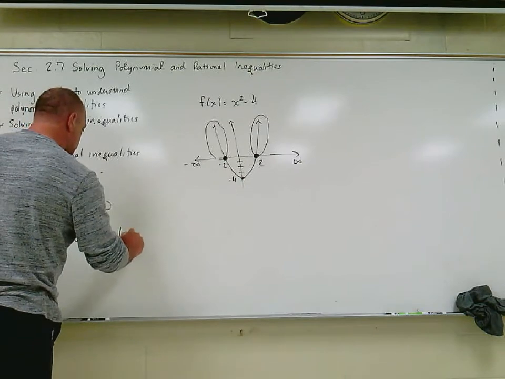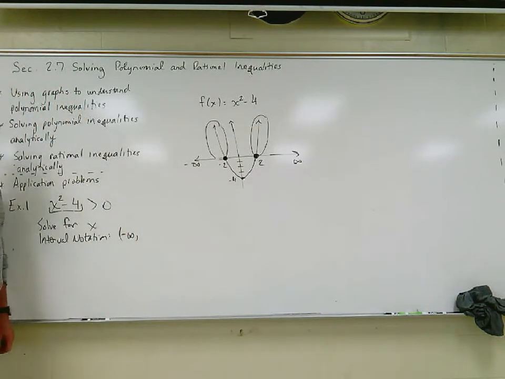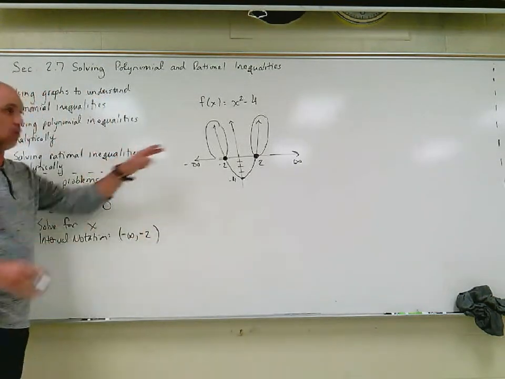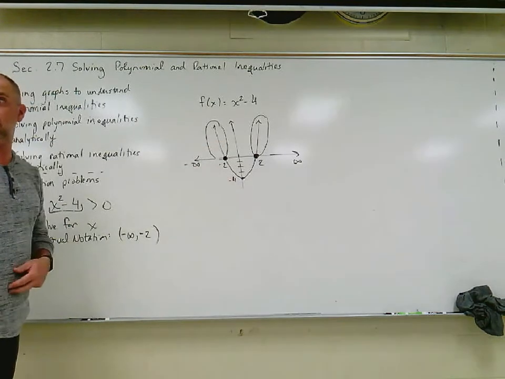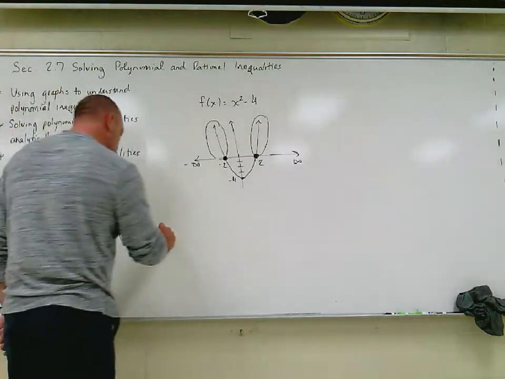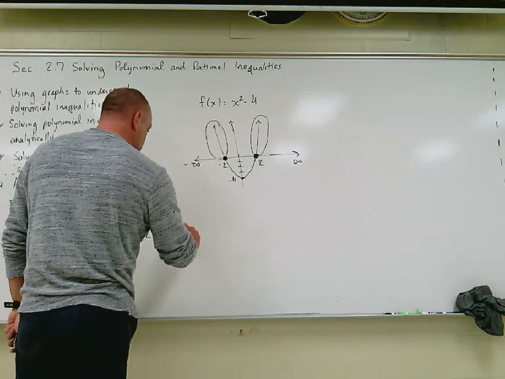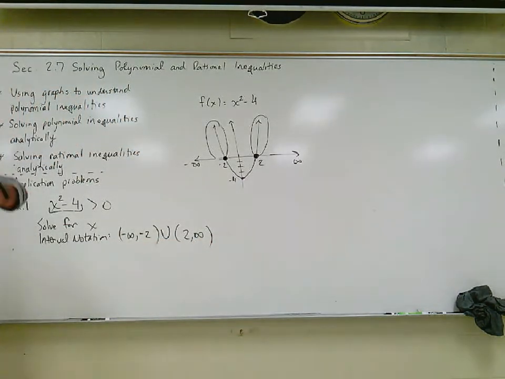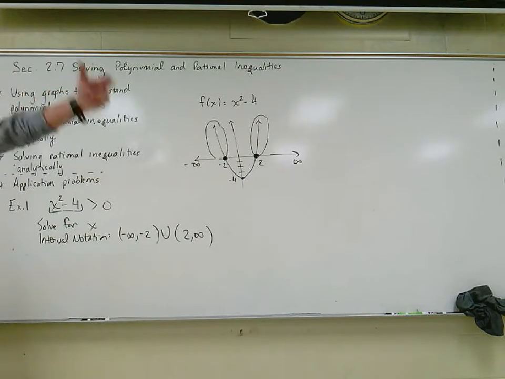Would you put parentheses or brackets at -2? Greater than, you don't want that point because it's equal to 0 there. Then I put the union symbol, and then 2 to infinity, just like that. I wouldn't include 2 because I want to be bigger than 0, not greater than or equal to 0.